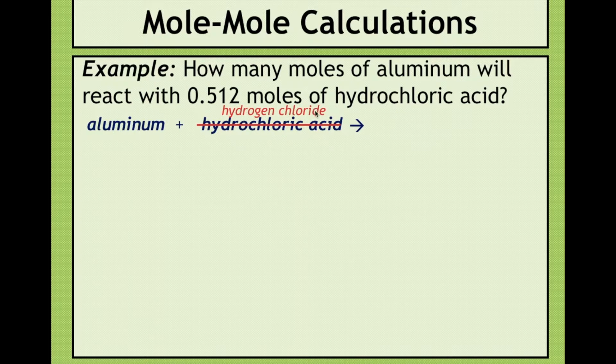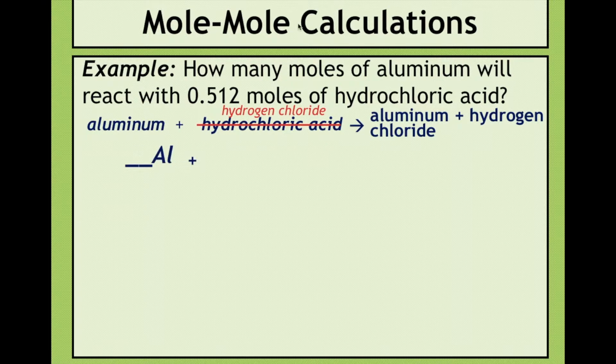So you would write hydrogen and chloride, you would look on the activity series sheet and find out if aluminum will replace hydrogen, and it does, okay? So then you would have aluminum chloride, okay? So aluminum and chloride would form that salt, and the ionic bond, and then you would have hydrogen left over, okay? Hydrogen gas, and we will actually do this reaction in class, and it's really fun.